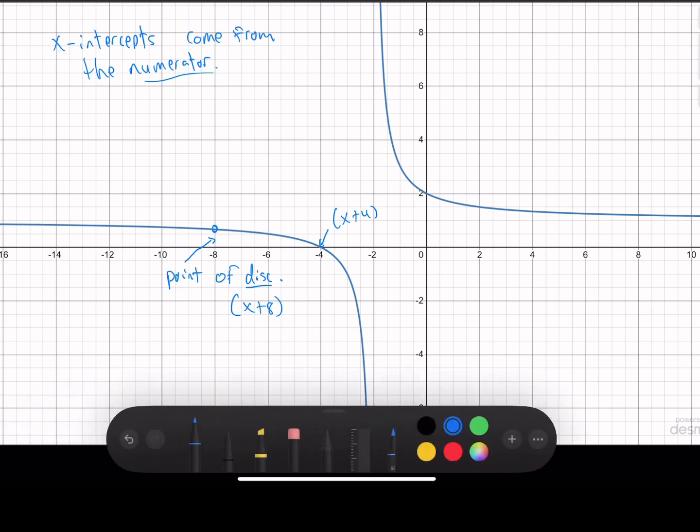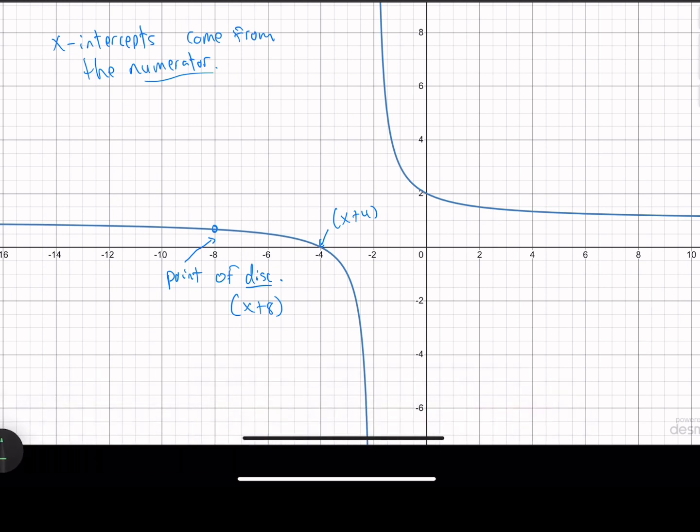There's one other thing here. We see that there is a vertical asymptote at -2, right? I can see that the graph never approaches either of those. It seems to kind of stay away. So we're going to write here, vertical asymptote at x equals -2.